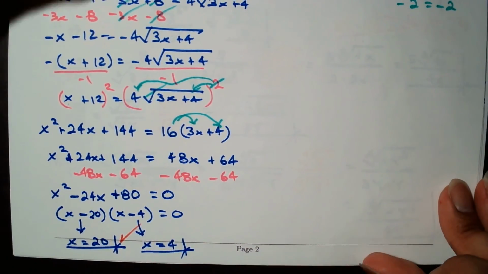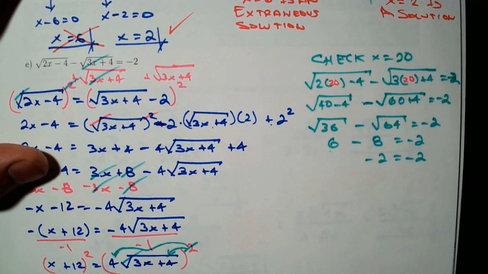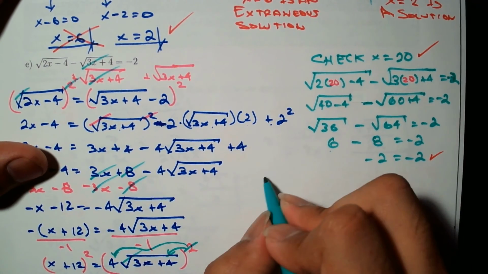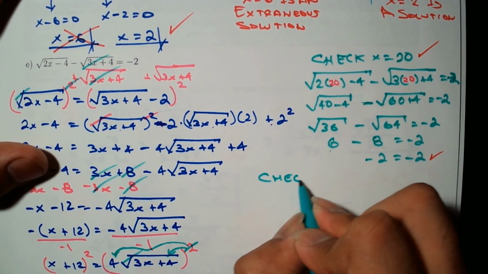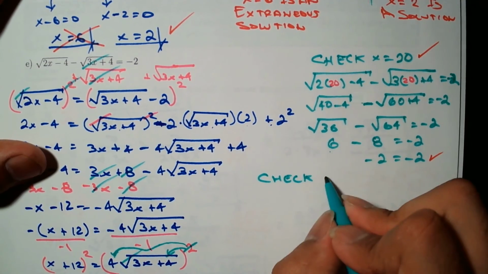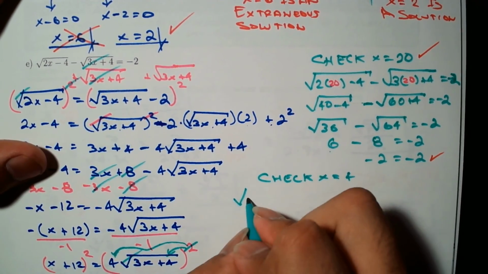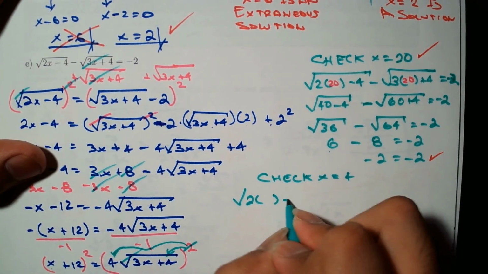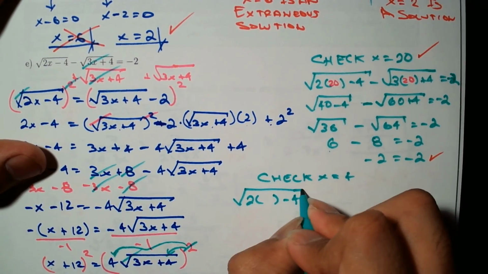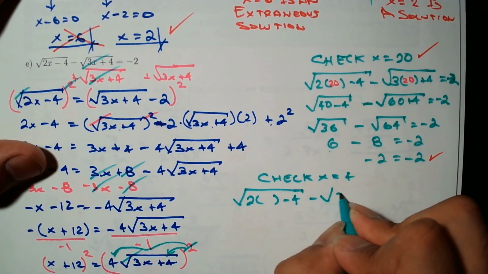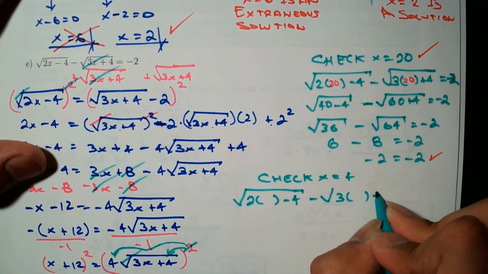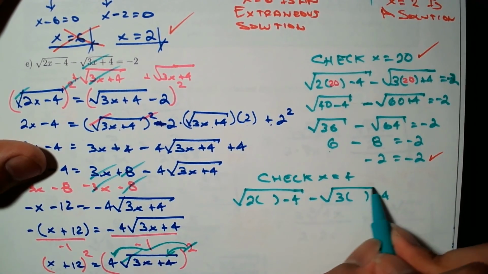All right, so in this case, it checks. Now let's check x equals 4. The square root of 2 times 4 minus 4 minus the square root of 3 times 4 plus 4.